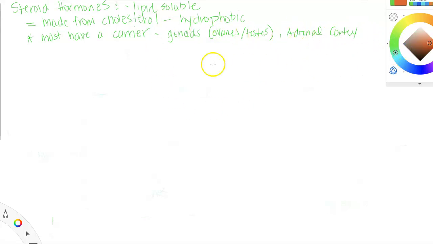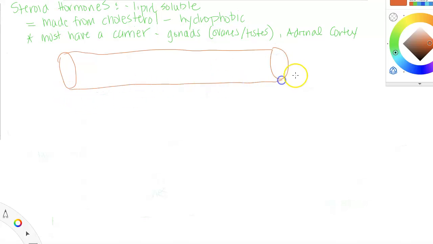So we have our little blood vessel, and the steroid hormone has to go into the blood. It's a hormone, but we need a boat.